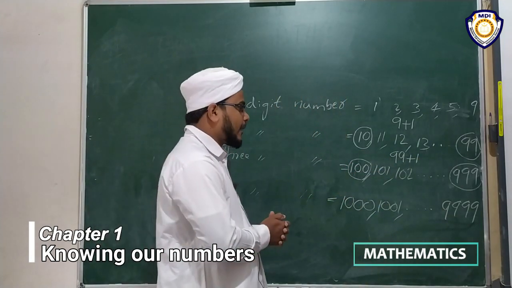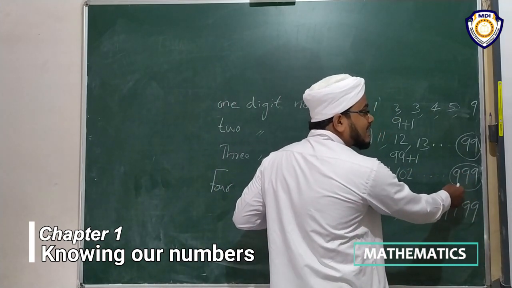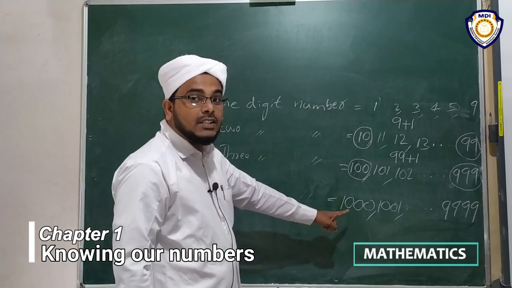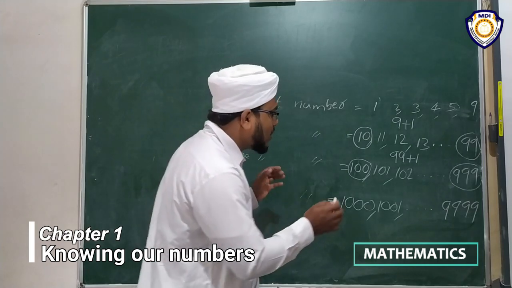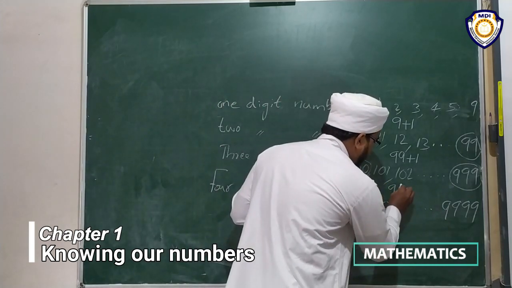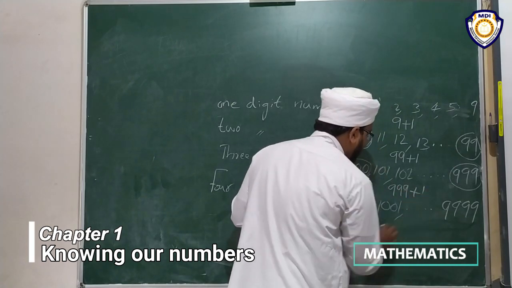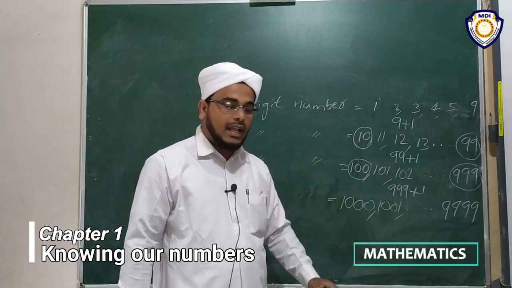When we add 1 to the largest 3-digit number, we get the smallest 4-digit number. 999 plus 1 is equal to 1000. Then we got this.